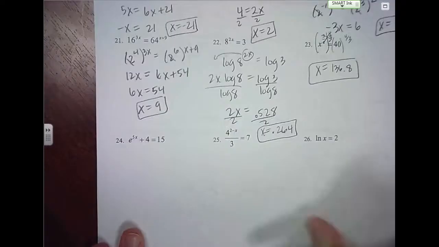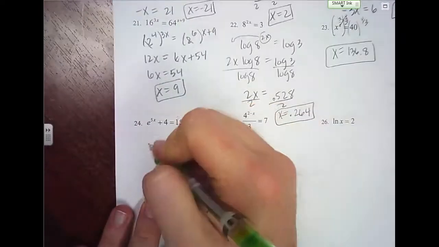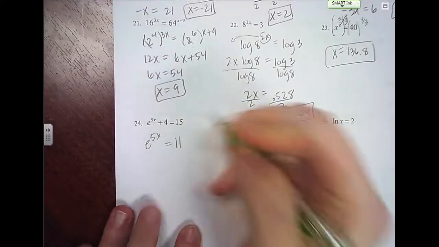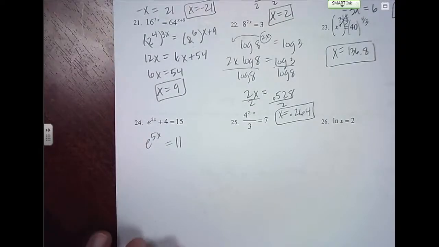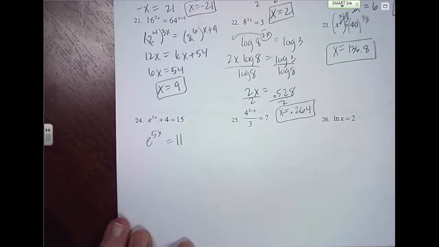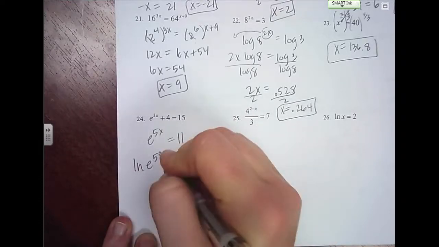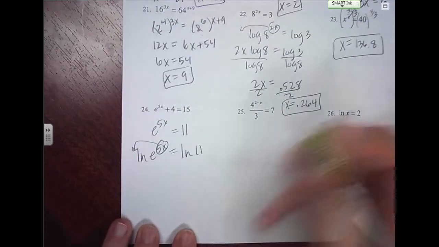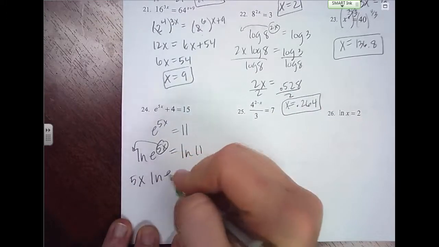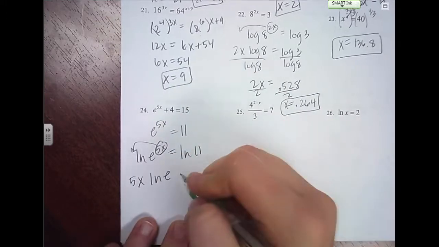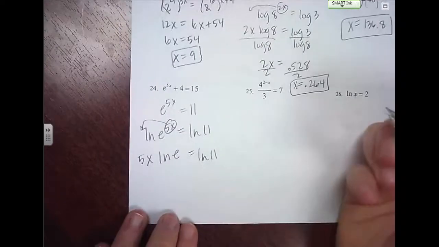Okay, number 24. Subtract 4 first, so e to the 5x equals 11. Now, because I have e, instead of log, I'm going to take natural log of both sides. Move the 5x to the front. So 5x natural log e equals natural log 11. So same process as before.